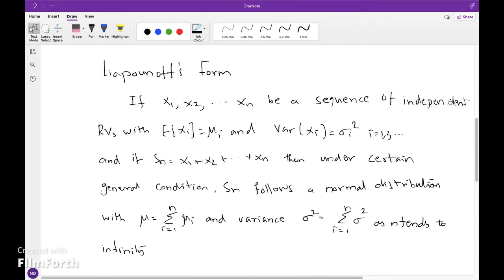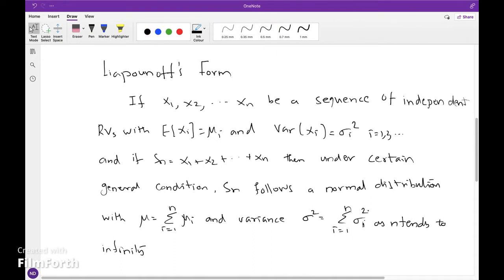Sn follows a normal distribution with mean equal to the summation of mu i from i equal to 1 to n, and variance sigma squared equal to the summation of sigma i squared from i equal to 1 to n, as n tends to infinity.